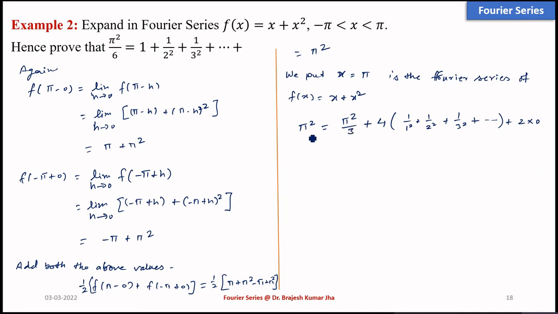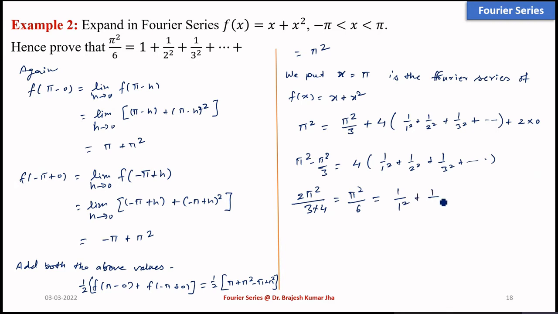So ultimately, if this goes to this side, pi square minus pi square by 3 is 2 pi square by 3, equal to 4 times 1 by 1 square plus 1 by 2 square plus 1 by 3 square and so on. And this 4 you can take this side. So ultimately it is going to be pi square by 6, equal to 1 by 1 square plus 1 by 2 square plus 1 by 3 square and so on. So this is our required result.